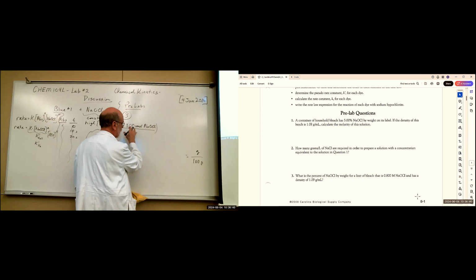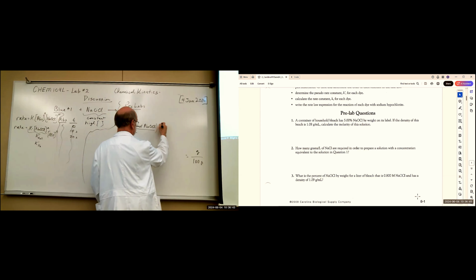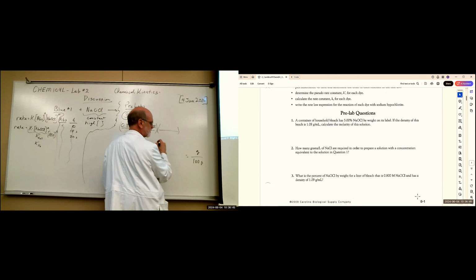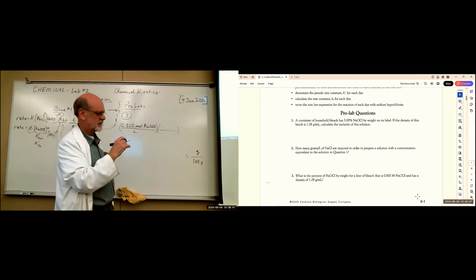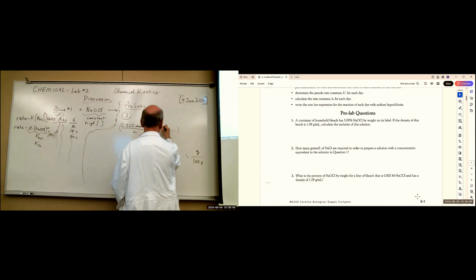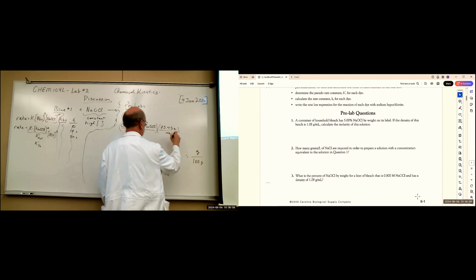So we've got to change the moles to grams. 74.45 grams per mole. Okay, that takes care of that part.